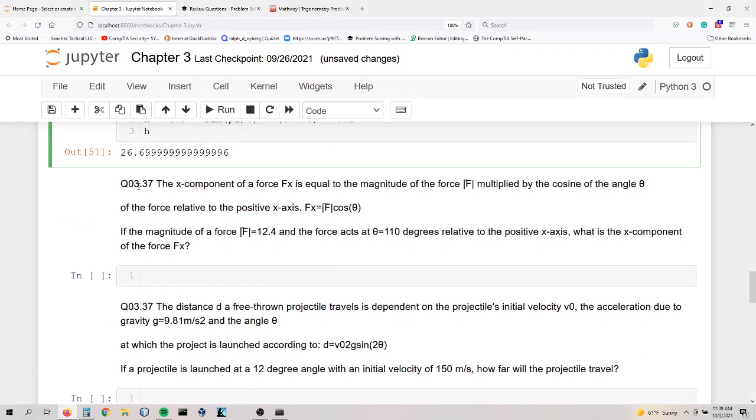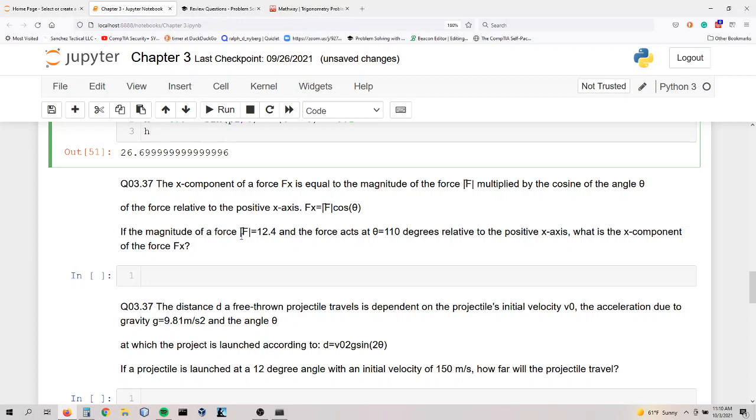So now question 3.37. The x component of a force F_x is equal to the magnitude of the force multiplied by the cosine of an angle theta of the force relative to the positive x-axis. So F_x is equal to the magnitude of the force times cosine theta.